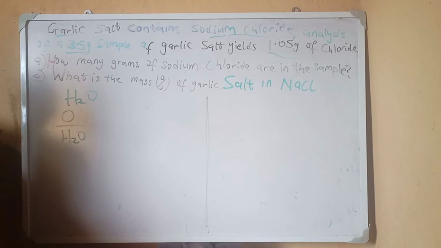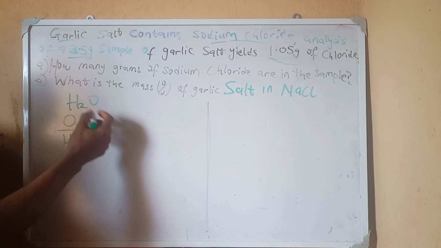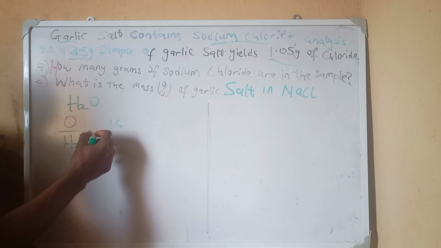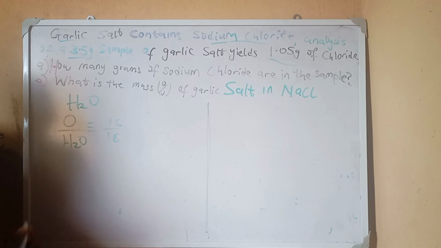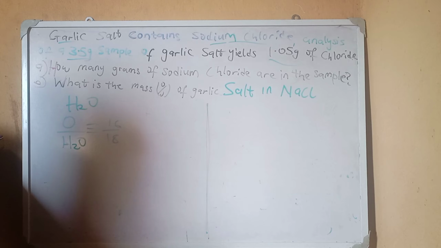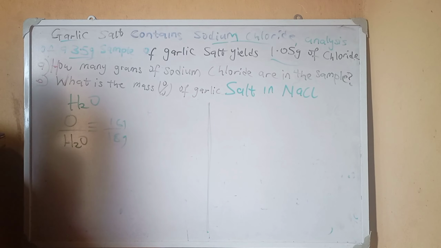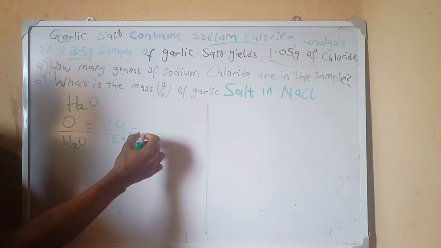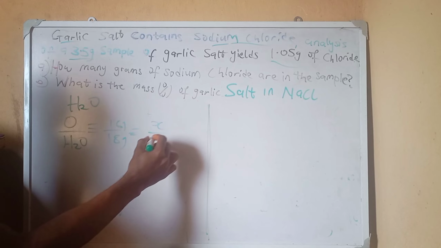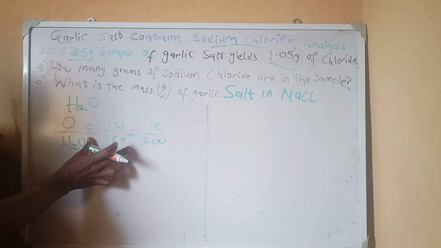That means the mass of oxygen in 1 mole of water is 16, and the mass of the whole bulk of water is 18. What this means is, if we have 200 grams of water, the amount of oxygen in that 200 gram of water will always lead us back to this ratio.